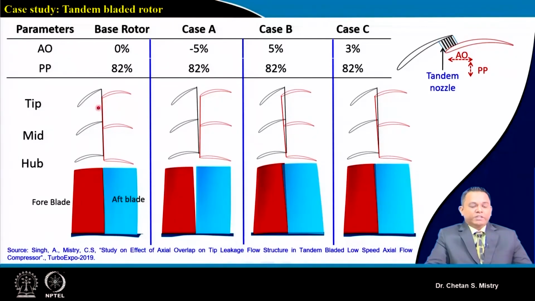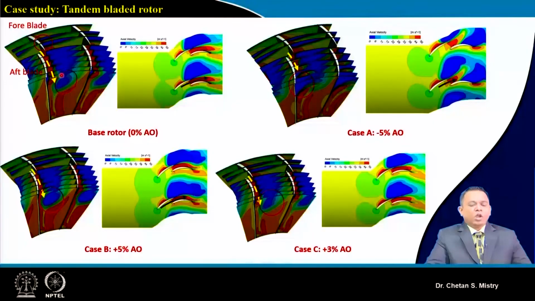This represents 0 axial overlap, minus 5% axial overlap, 5% axial overlap, and 3% axial overlap. You can configure the axial overlap to be 0 near the hub, and near the tip region the axial overlap varies in terms of percentage of chord.